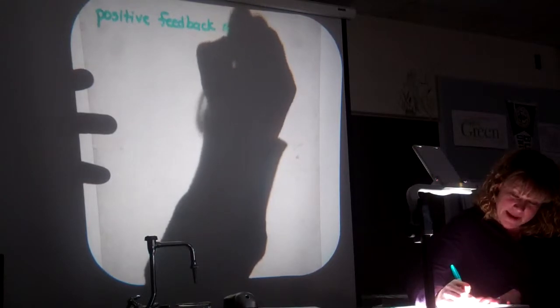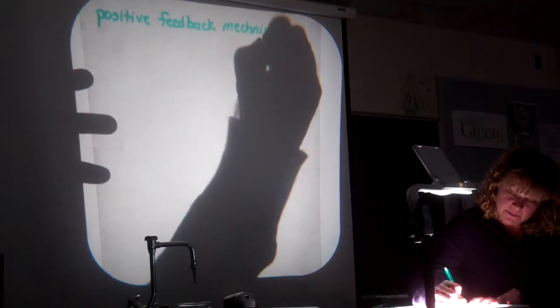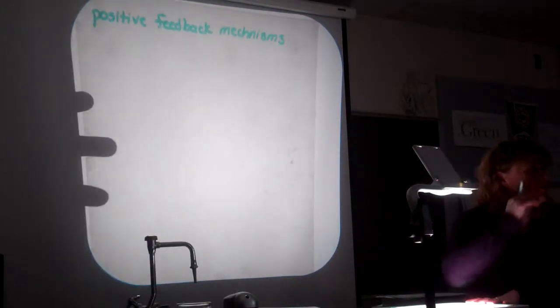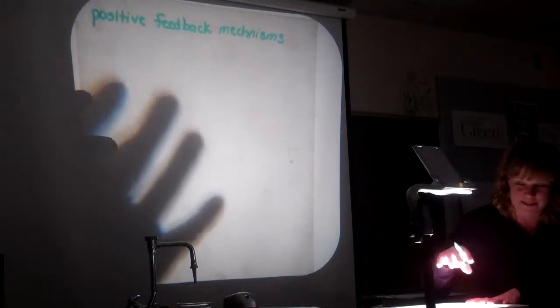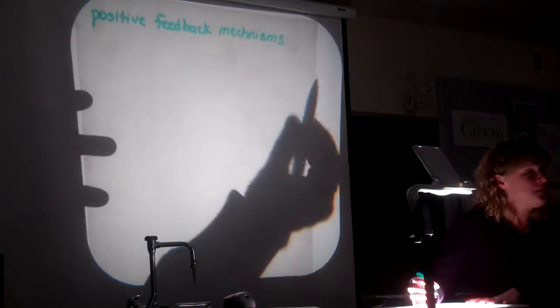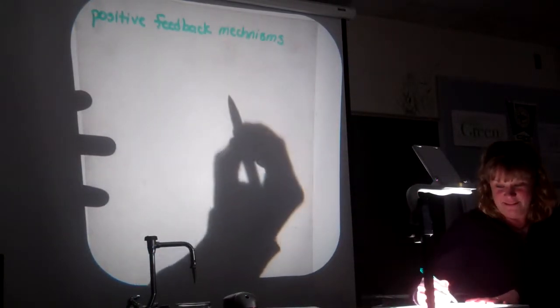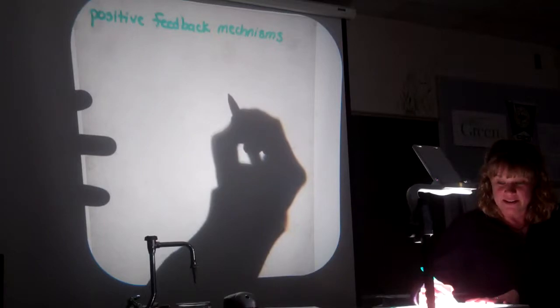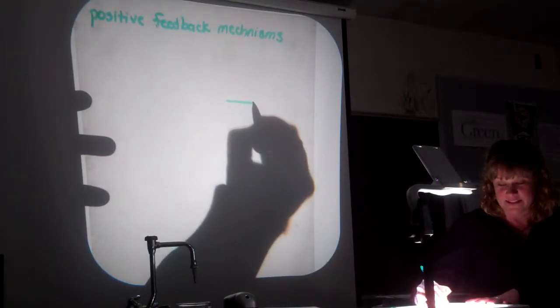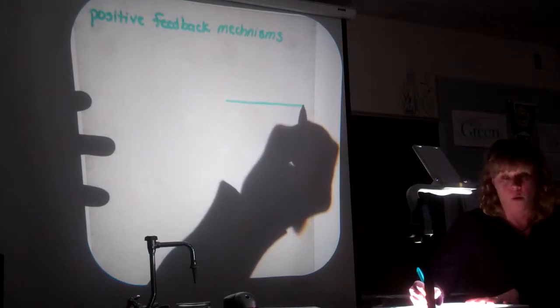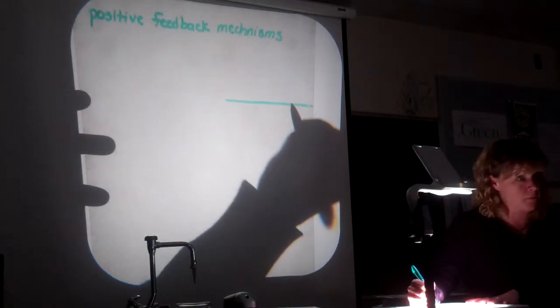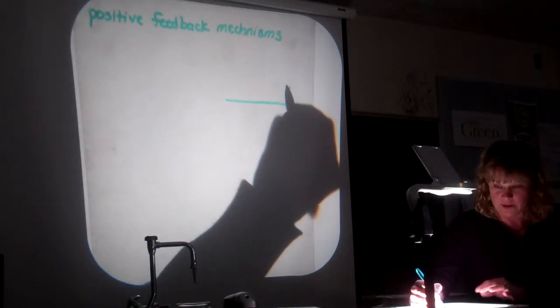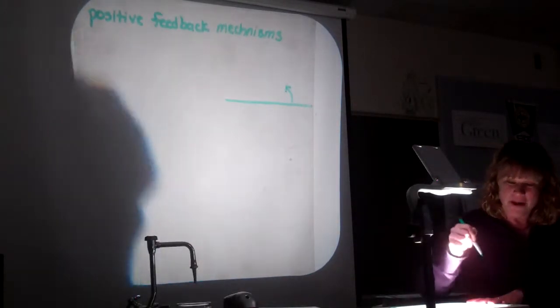Positive feedback mechanisms. This was easy. Okay, here's the deal. This is funny. Now I'm leading to why we got talking about pregnancy with this. Believe it or not, there are some other mechanisms in your body that work the complete opposite of negative feedback. Let's say this line represents some set point you want your body to be at for something. Let's say something gets out of whack, which typically always does.